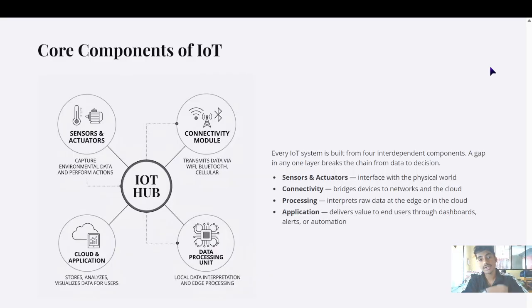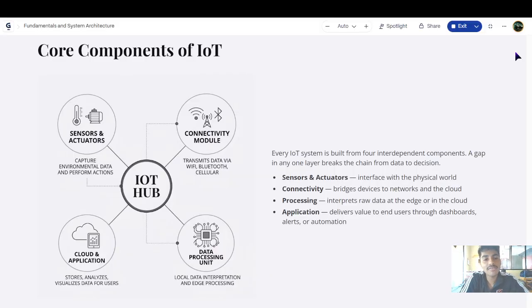Now we move on to the core components of IoT. Every IoT system is built on four independent components. The sensors and actuators interact with the physical world. Connectivity links the devices to gateways and cloud systems, and processing interprets the raw data either locally or in the cloud.